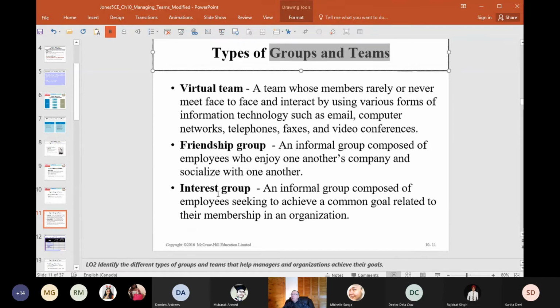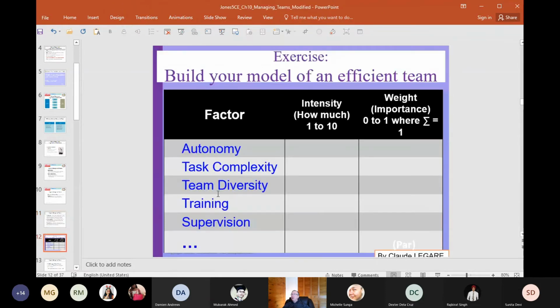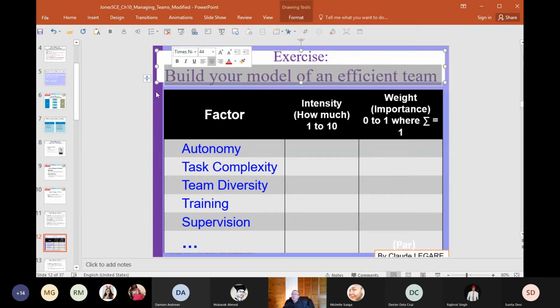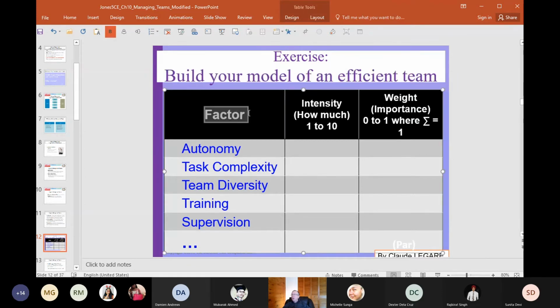All right, so I would like you now to build a model of an efficient team. Okay, so this is an exercise. This exercise will help you understand which factors should be present to have an efficient team.